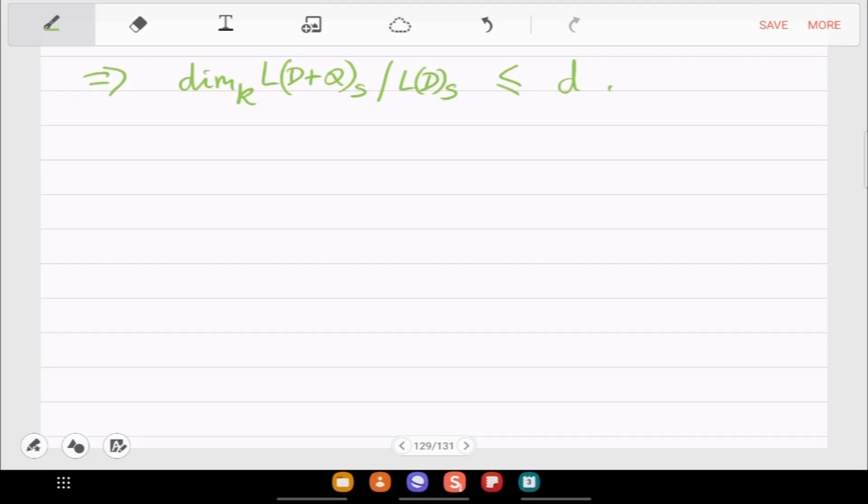With that equation, a_j x_j u, you have identified this basis, you take any combination, and all these x's get produced in the L D plus Q sheaf, modulo the L D sheaf. So the dimension is at most D, right? That is what we have shown. So we have shown the upper bound. We want to make it equal now. So let's do that.